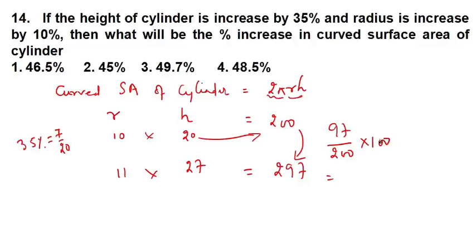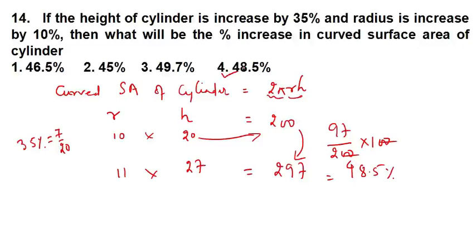Simplify it, 0 0 get cancelled. Then if you divide 97 by 2, what will be your answer? Tell me. It will be 48.5%. Okay, now I expect that you know all this division and all. Fine, so you get 48.5%.